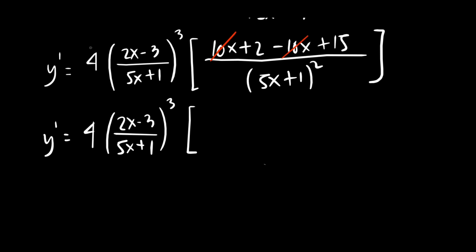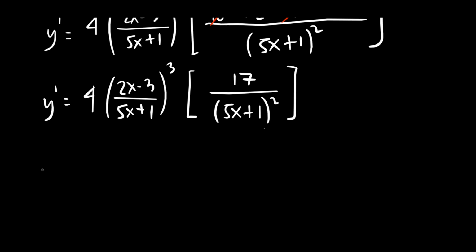Then we have 2 plus 15, which is equal to 17, all over 5x plus 1 squared. After this, we will further simplify. So y prime is just equal to 4 times 17, which is 68, right?